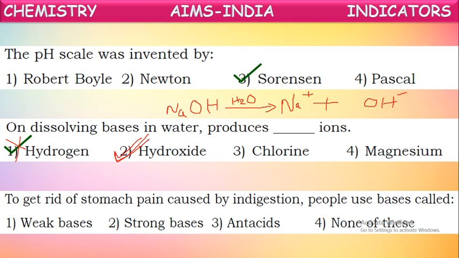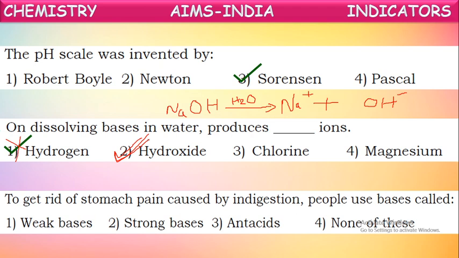To get rid of this pain and indigestion, people take some medicines called antacids, which are made up of mild bases. For example, milk of magnesia, which is chemically magnesium hydroxide.